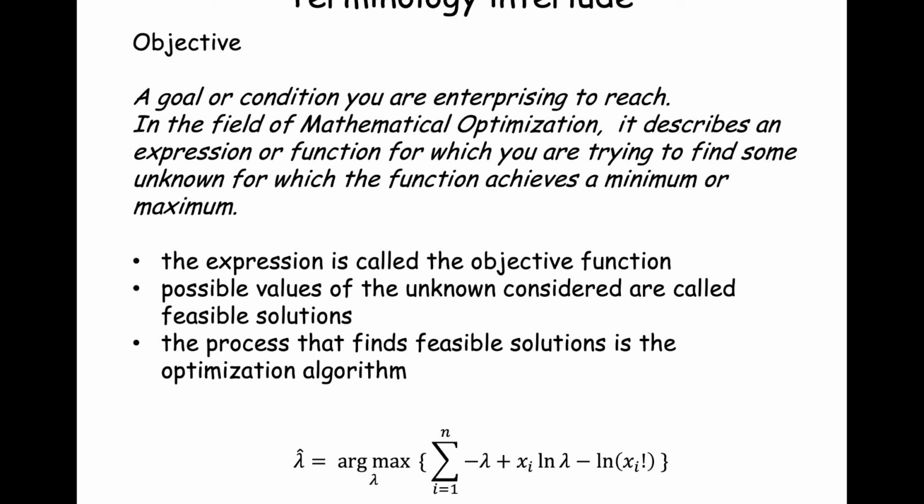And so from an optimization standpoint, we want to find the argument lambda, or argmax lambda, that maximizes the expression between the open and closed curly brace. And we're going to call that lambda hat, and that's going to be our max likelihood estimator, because it maximizes the likelihood of that joint distribution over the data observations.